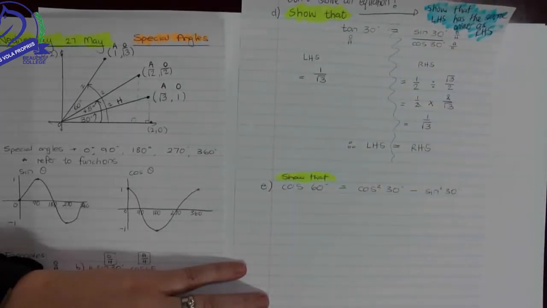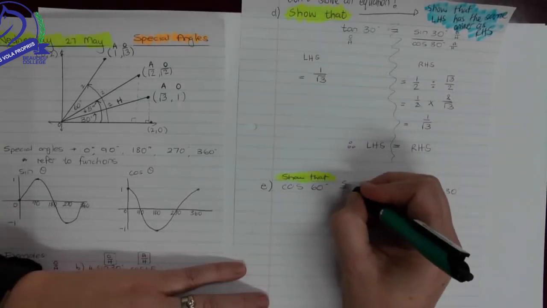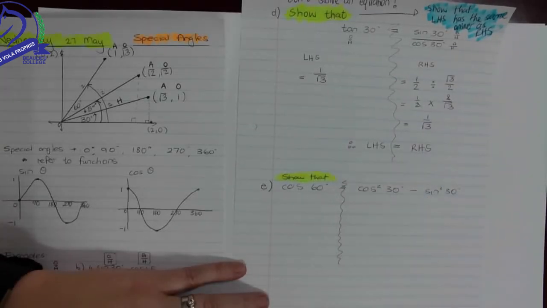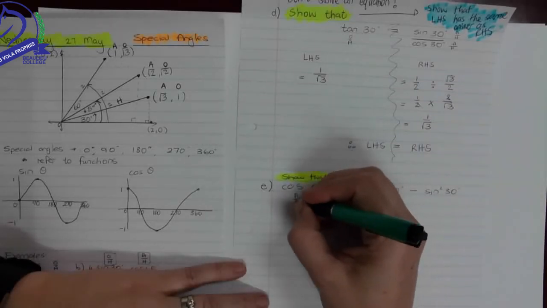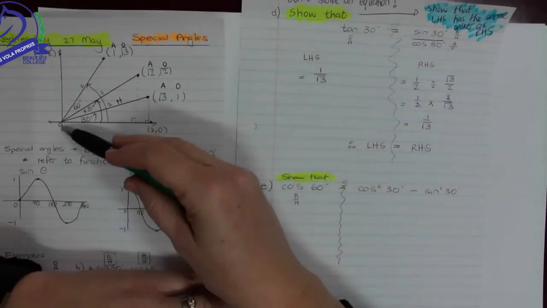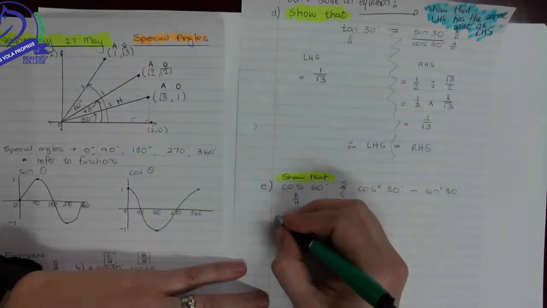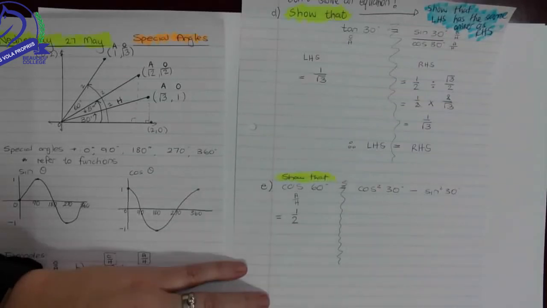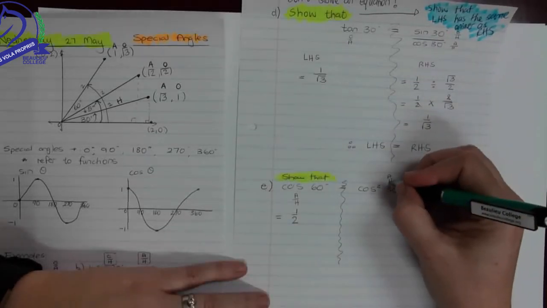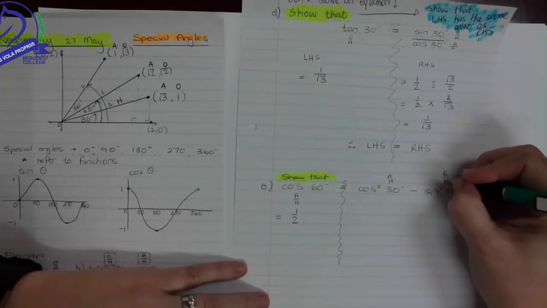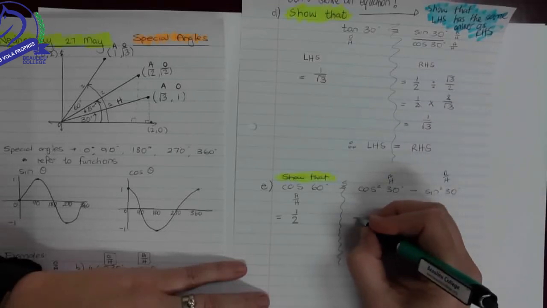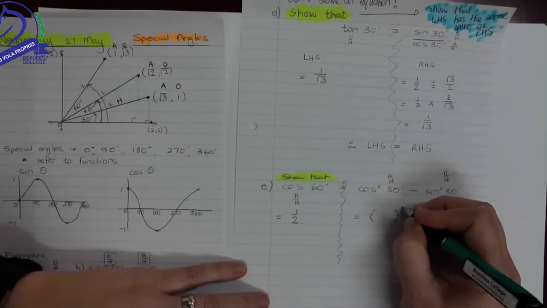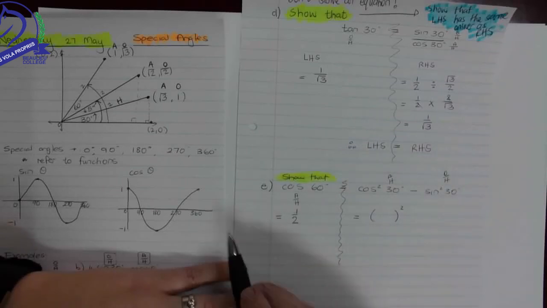So once again, second example there, show that cos of 60. So the moment show that appears, that equal sign turns into a brick wall. So cos is A over H. So at 60, I will have a half. So that's A over H and O over H. So cos squared 30 is whatever is at cos 30 must be squared.